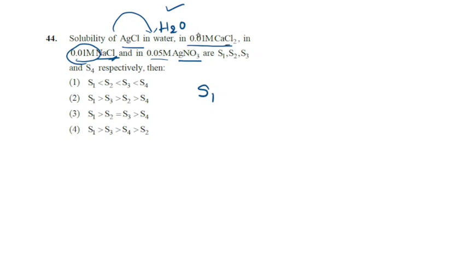There are two Cl minus ions, and hence the Cl minus ion concentration will be 0.02 molar, where the common ion is more concentrated when compared with the third one. The less concentrated common ion is the third one, and hence S1 greater than S3. Among these two, less concentrated is this one, so you can say S2 and then S4.